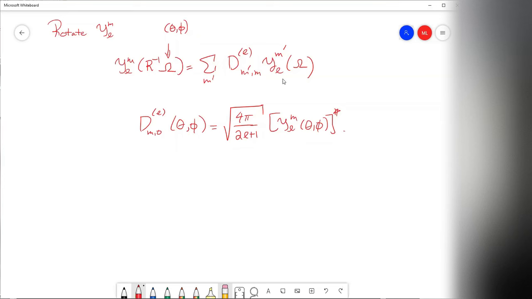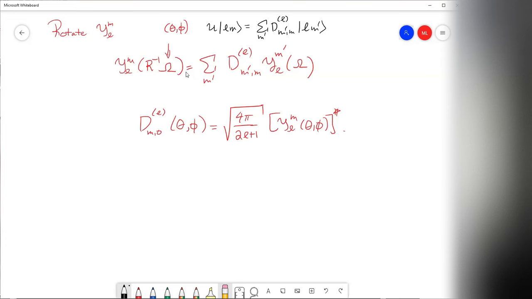Thank you. Yeah, and this is exactly what we were looking at before, when we were taking a rotated LM state and writing it as a sum over L prime, that's those Wigner D matrices.